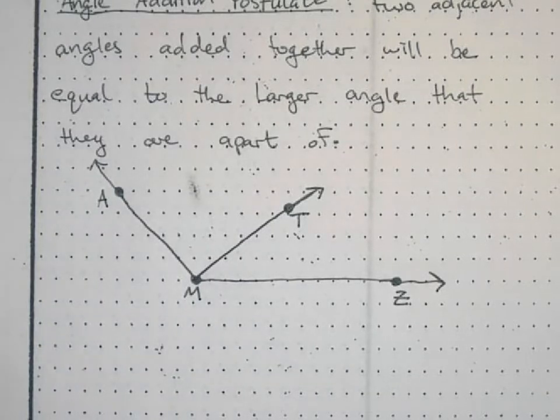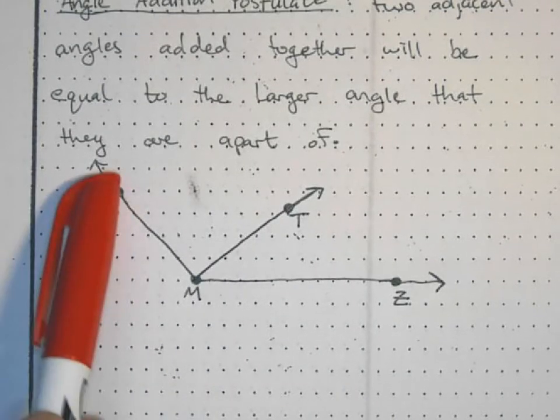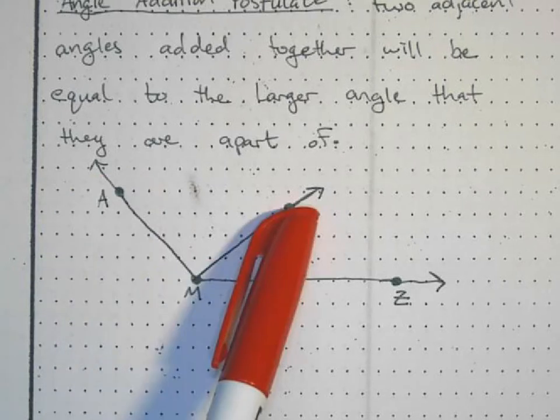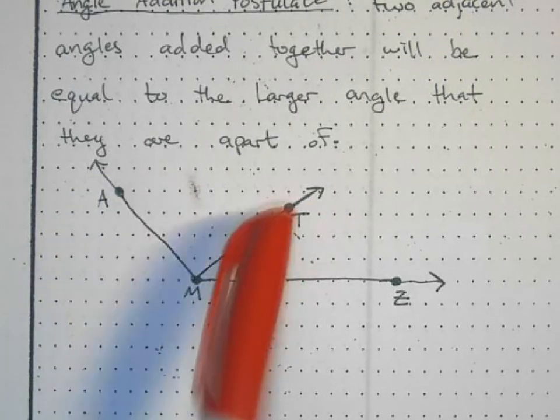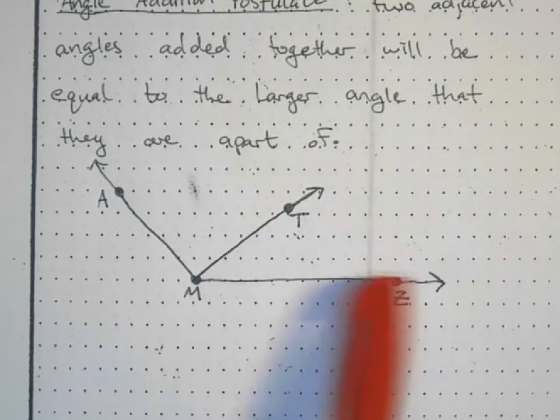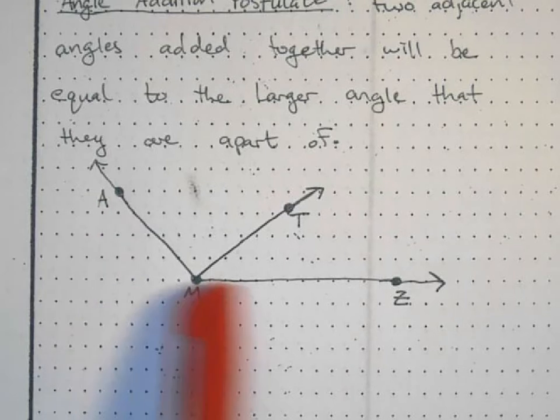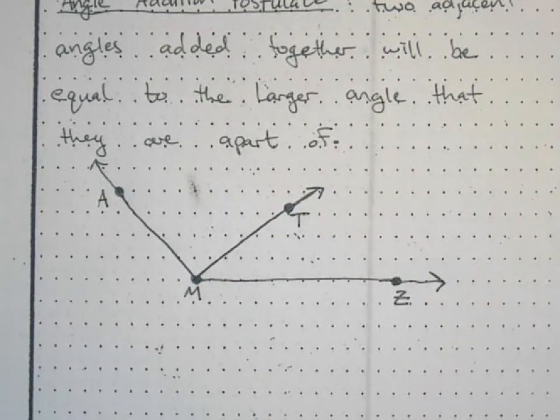So I'm going to do some color coding. The angle addition postulate is really saying that if I take these two smaller angles, AMT, and add to AMT, TMZ, it would equal AMZ. So I'm going to use some coloring.